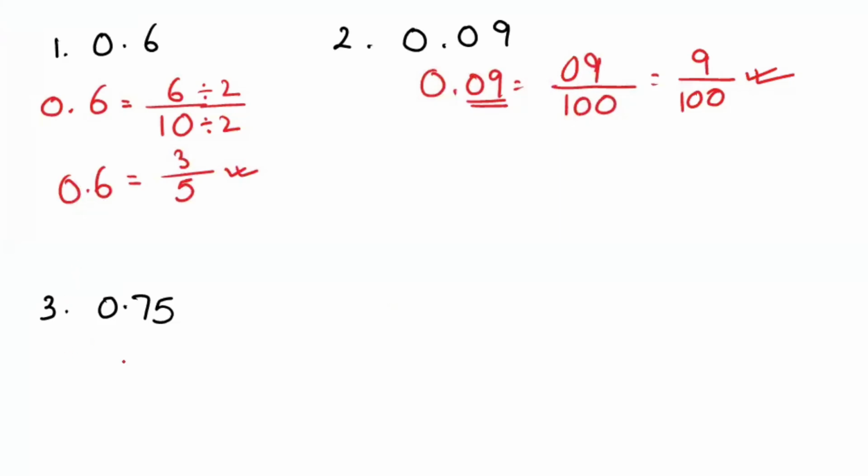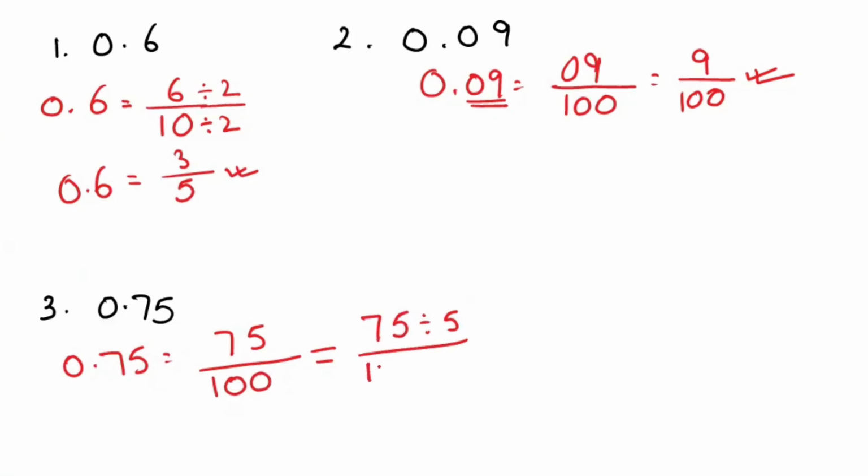Now question number 3. 0.75. How will we write that one? 75 over how many zeros will come after 1? 2, because after the decimal there are 2 digits. There are 2 decimal places. So that's why it is 100. Can we simplify it? Yes, we can. I will start with a small number here so that it will be easy for you to understand. First, we will divide by 5. 5 times 15 is 75.